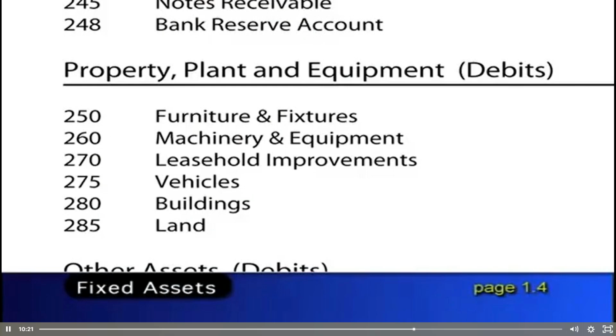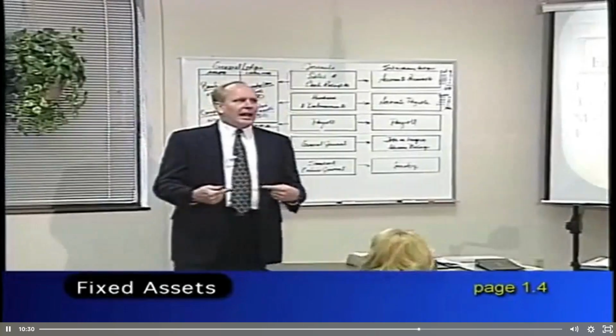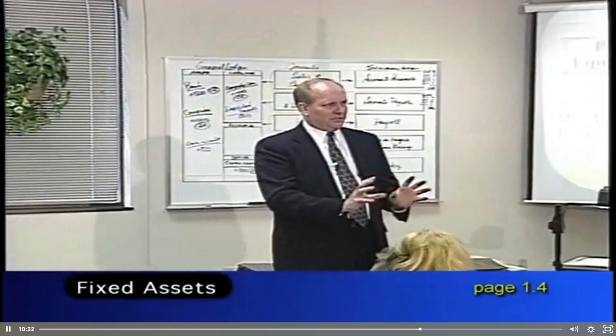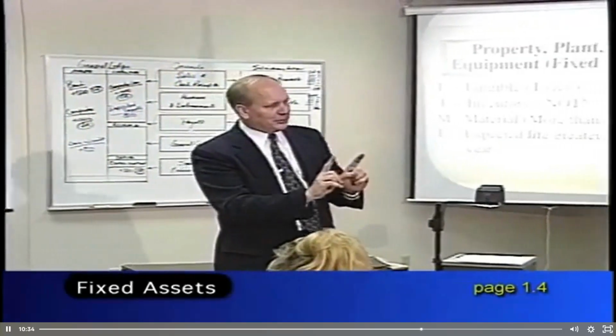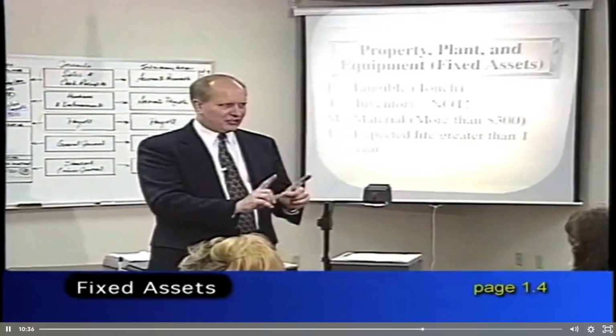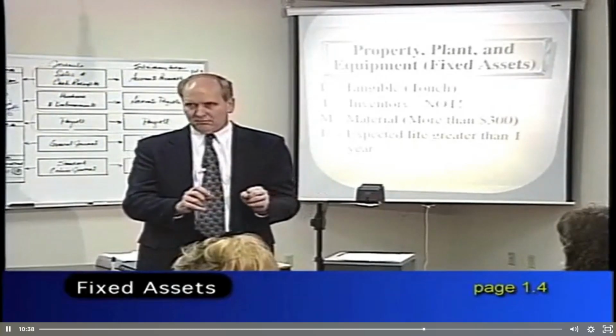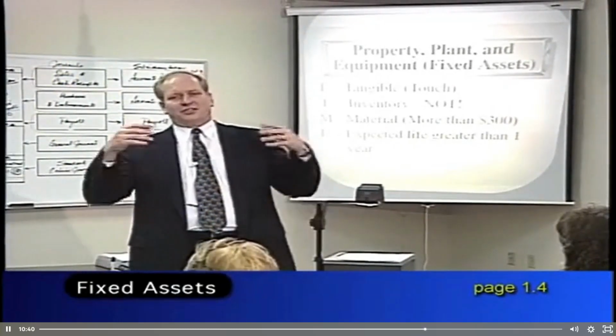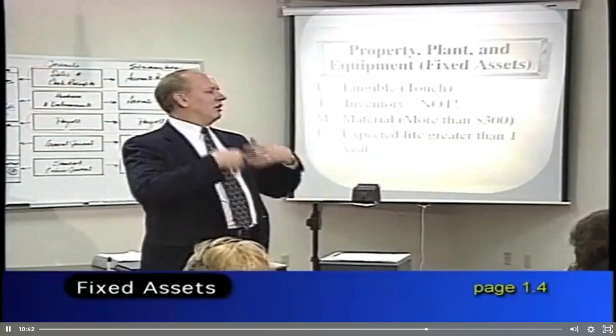Okay, machinery and equipment, that's pretty self-explanatory. Leasehold improvements. If you lease a building and you make improvements to that, now improvements means attaching it to the building, okay? I mean, certainly bringing in desks and chairs and things like that are improvements.